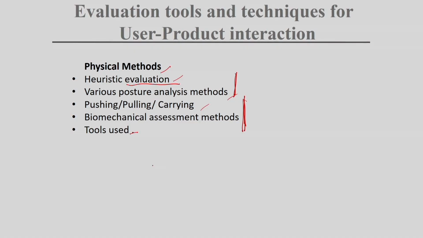So we have done a very brief overview of these physical methods. These are a few tools and methods you can use to evaluate. In the case of EMG, it is very important not only to shift some load, it is also very important where you are holding something for a longer time.